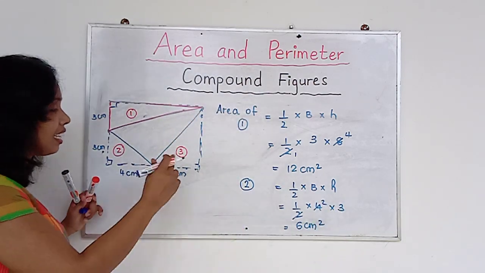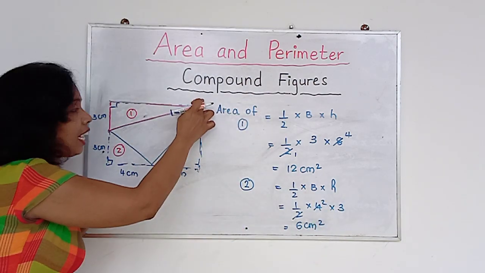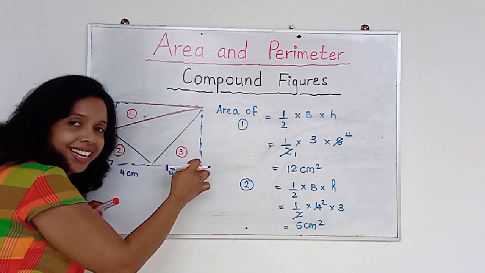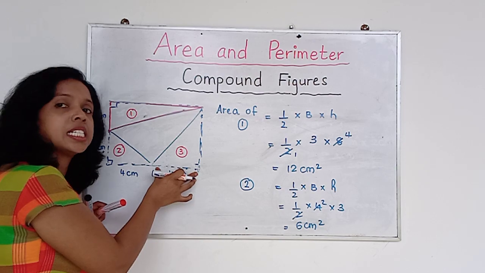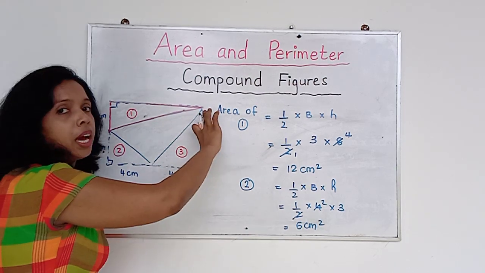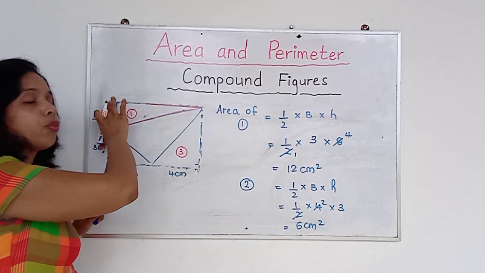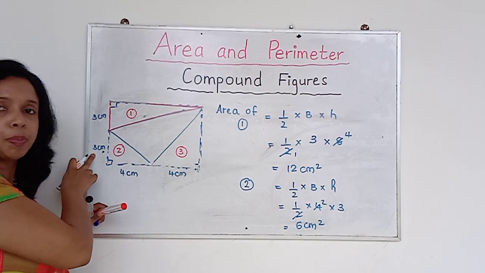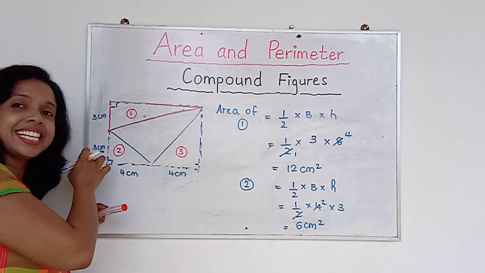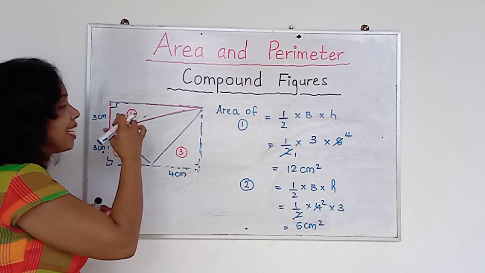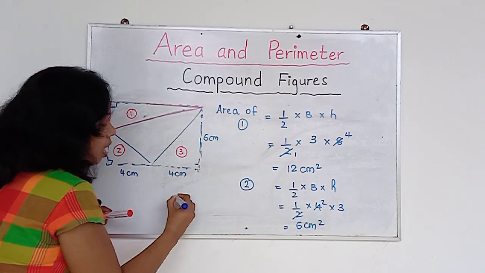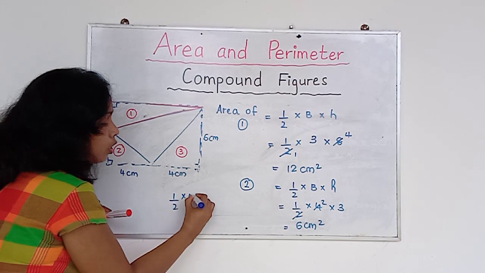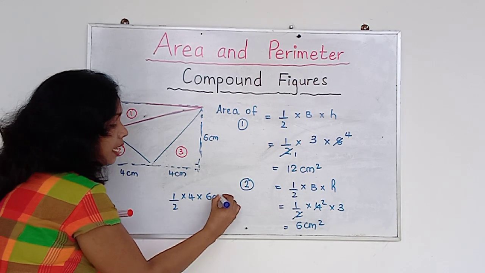Right? Then the third one, you want to find the area of this third triangle. Again, the base is 4 centimeters. How do you find the perpendicular height? You know the length of this side is 3 centimeters plus 3 centimeters. It is 6 centimeters. That means this should be 6 centimeters. Then half into 4 centimeter into 6 centimeter.